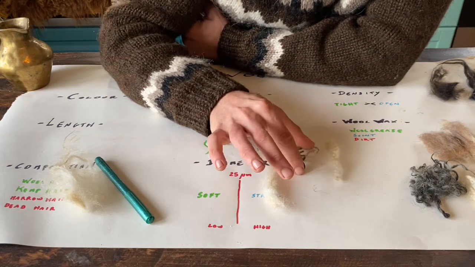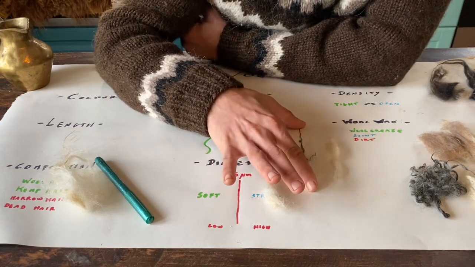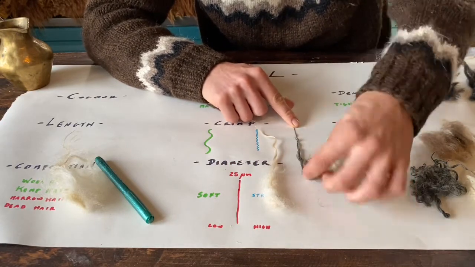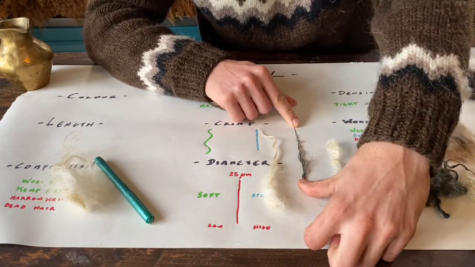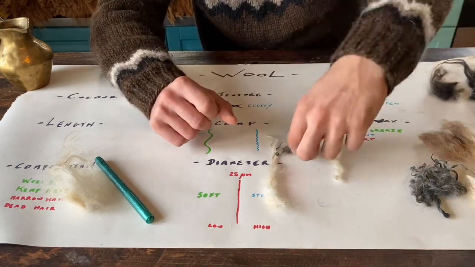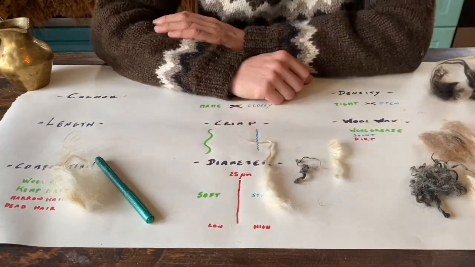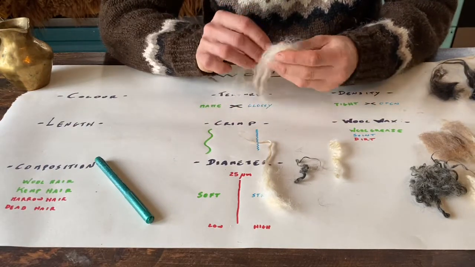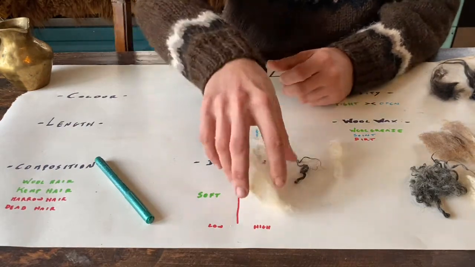Not to mention something like this. I mean, this is cardable, but it's still long. So not only length is important, but also it is important to remember that too much length can be an issue for the purposes of working with machines.